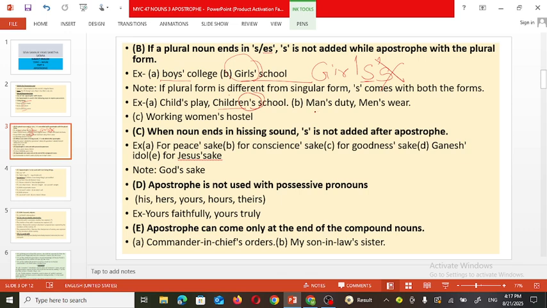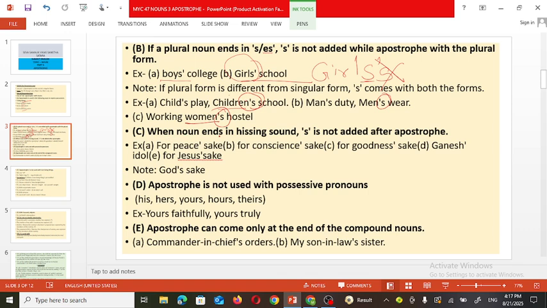Man's duty: man is singular. What is the plural of man? Men. So after men again we can use apostrophe s, men's way. Working women's hostel: women is the plural form, but it does not end with s, so here we can use apostrophe s at the end of the word.